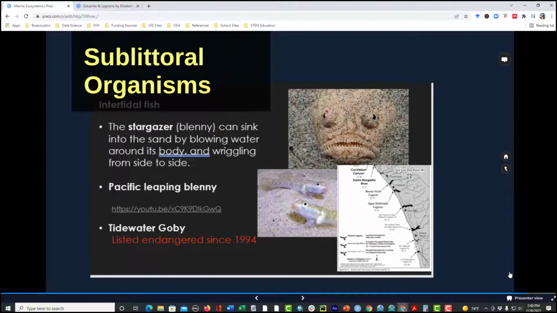The sublittoral organisms include, as a couple of examples, the stargazer or the blenny, which can sink into the sand by blowing water around its body and wriggling from side to side. The Pacific leaping blenny, and there's a cool little YouTube video there if you'd like to take a look, and then a tidewater goby, which was listed as endangered in 1994. So we find all of these sublittoral organisms in the sandy bottom despite the fact that it can be so challenging to survive.